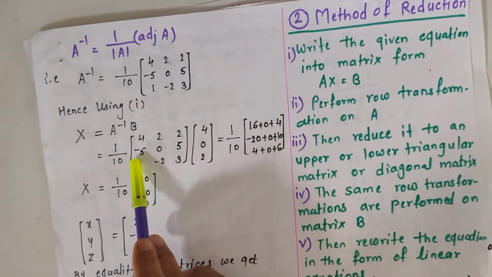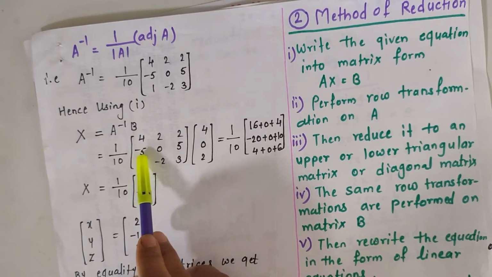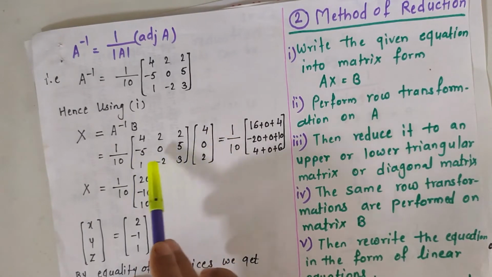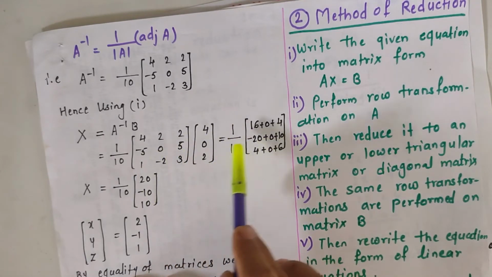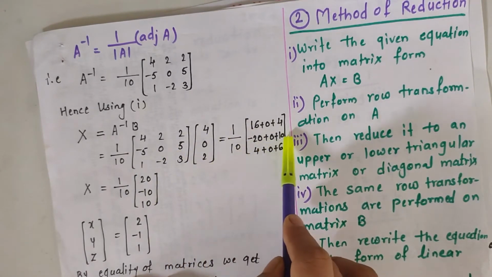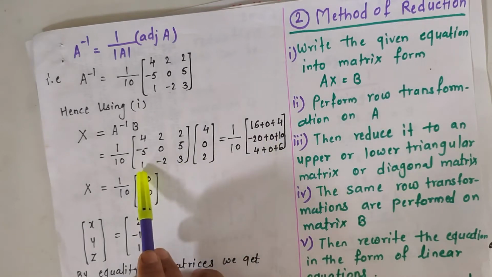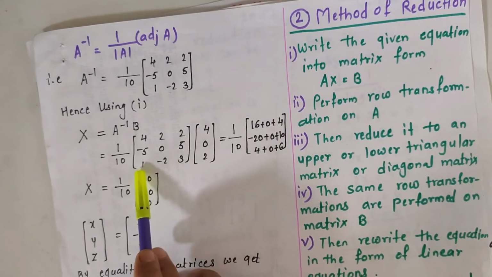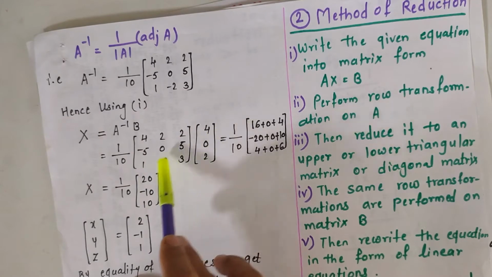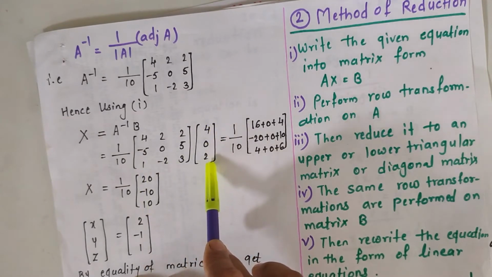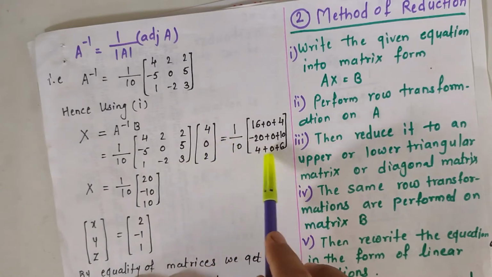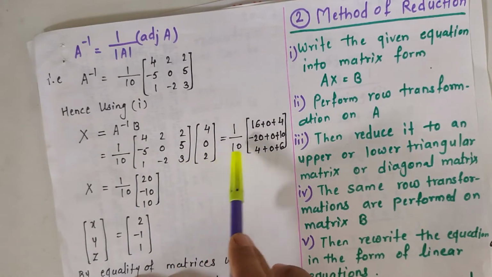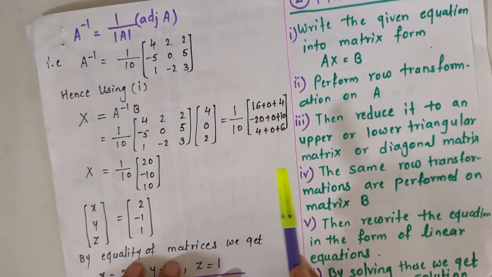Now the second element can be calculated by using the second row and first column: minus 5 into 4, minus 20, 0 into 0, plus 0, 5 into 2, plus 10. Now the third element is the product of the third row into the first column: 1 into 4, 4, minus 2 into 0, plus 0, 3 into 2, plus 6.